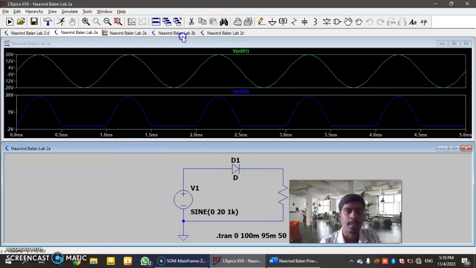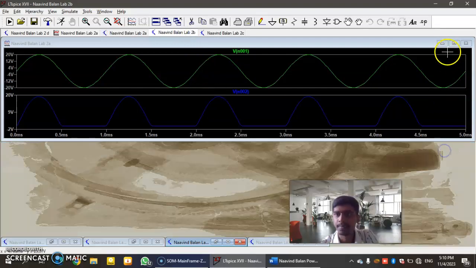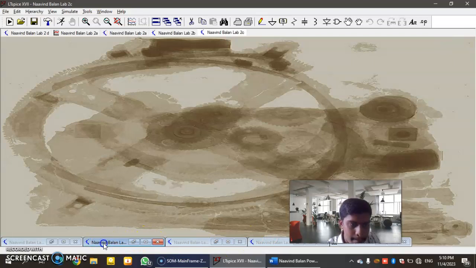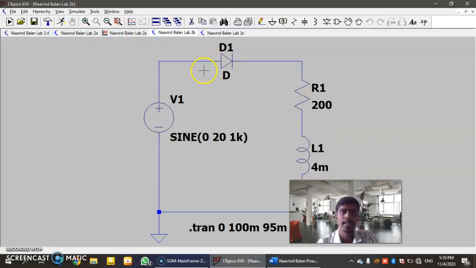So for the second one, for the second diode, okay, this is called the RL load because of the resistor and inductor. This is also a half wave rectifier because of one diode.